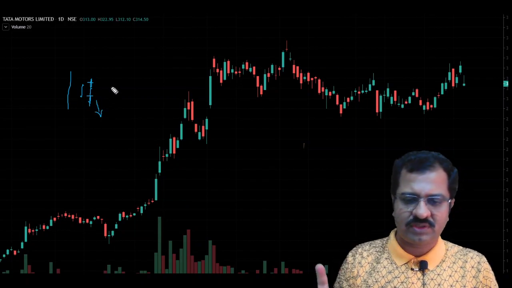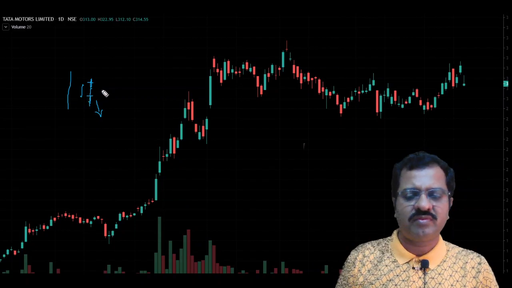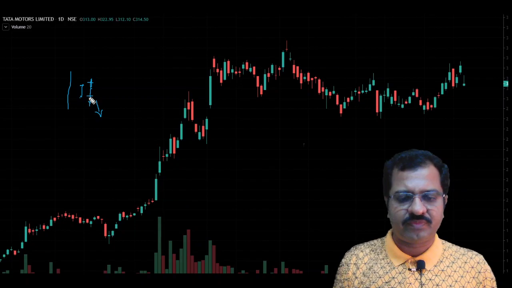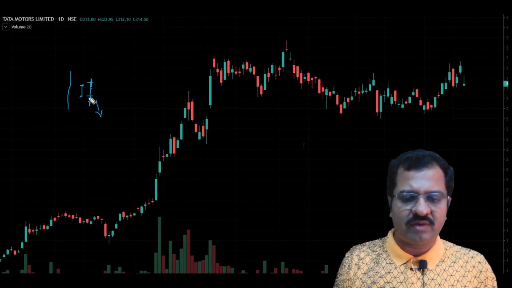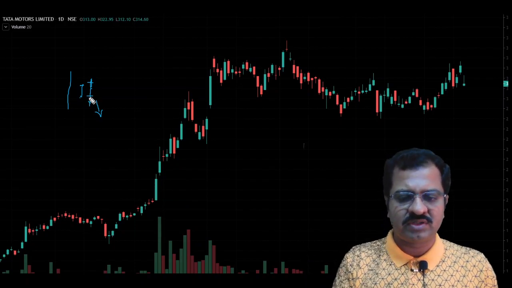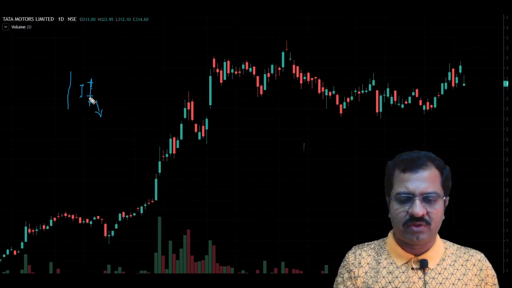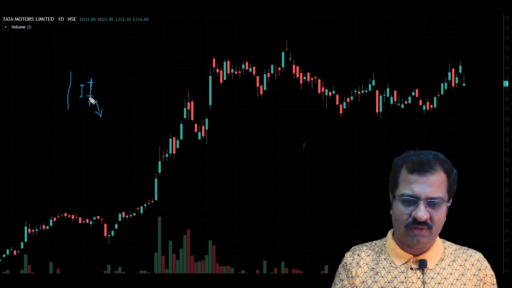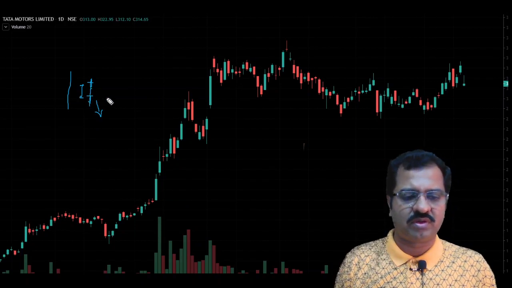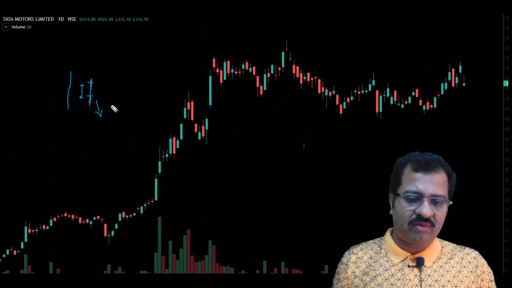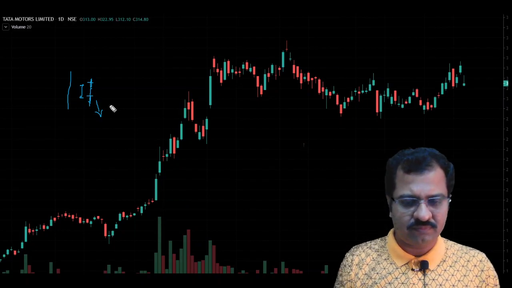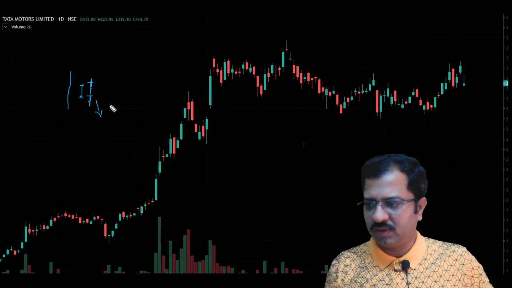Only one trade: the first time price breaks the high or low, you should take the trade. You should not re-enter. First you took the trade, either it hit the stop loss or it is squared off at 315. You should not re-enter. First you are on the buy side, then again the low is broken, so you think you will take the sell trade. No, you are not supposed to take the sell trade. This is one more rule.